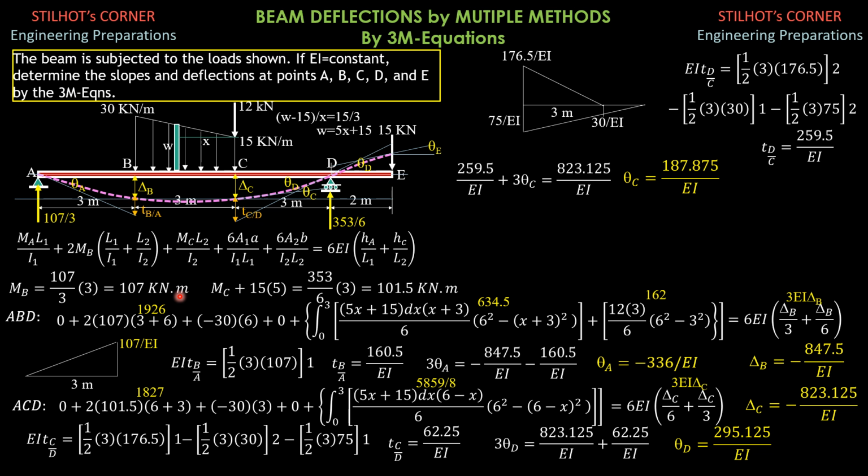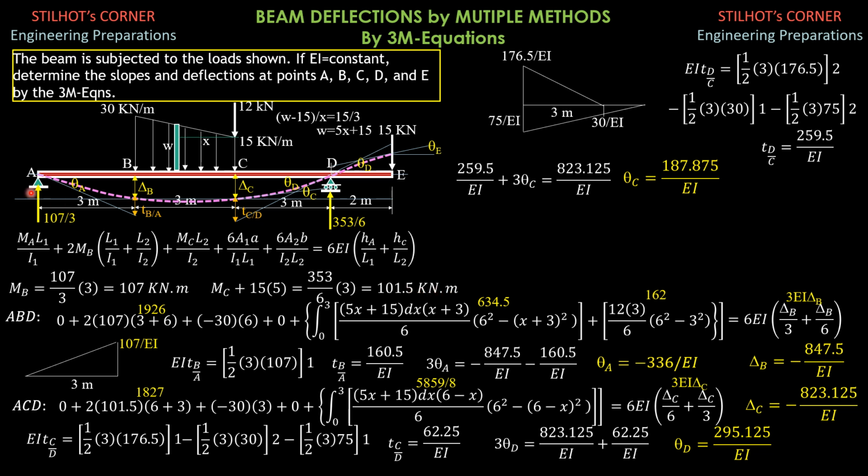Then, if we want to compute the moment at C, summation of moment at C, this should be clockwise plus 15 times 5 clockwise equals counterclockwise moment 353 over 6 times 3. So computing for M sub C is 101.5 kilonewton meter.